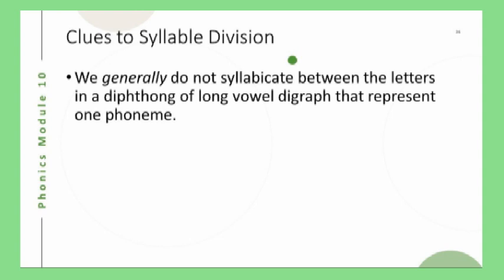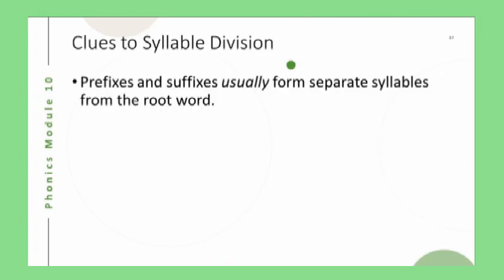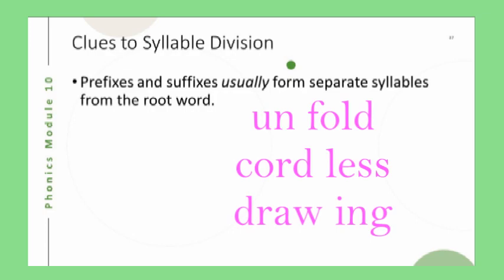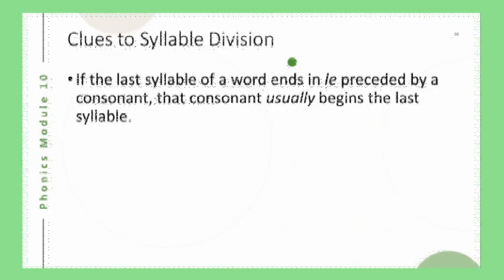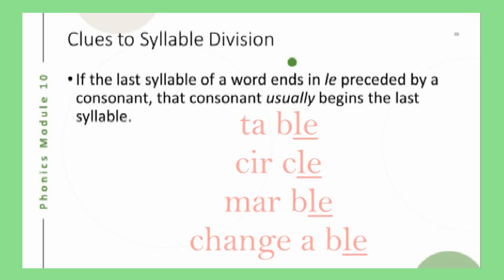We generally do not syllabicate between the letters in a diphthong or long vowel digraph that represents one phoneme. Prefixes and suffixes usually form separate syllables from the root word. If the last syllable of a word ends in LE preceded by a consonant, that consonant usually begins the last syllable.